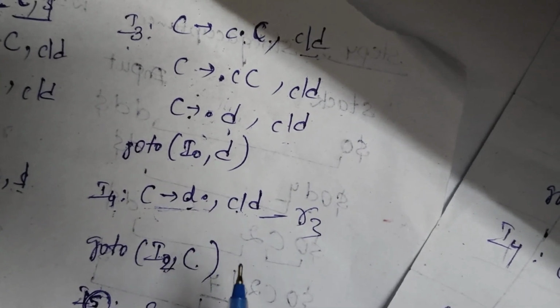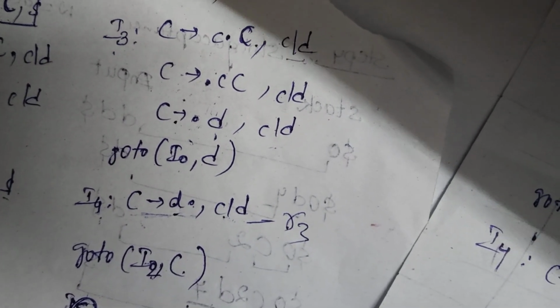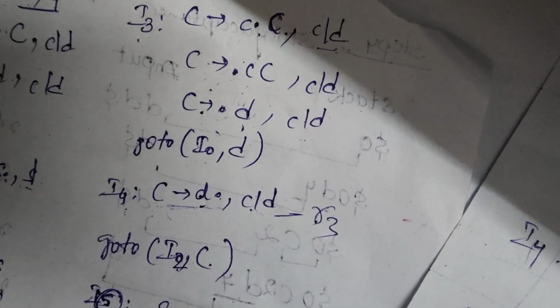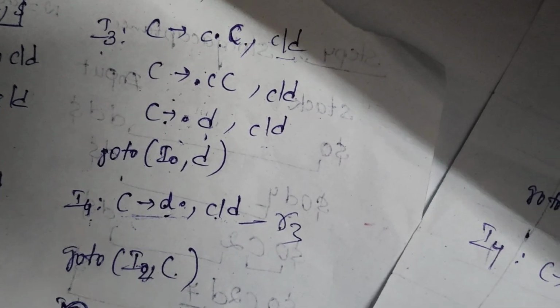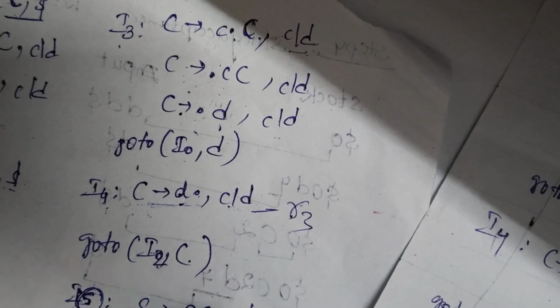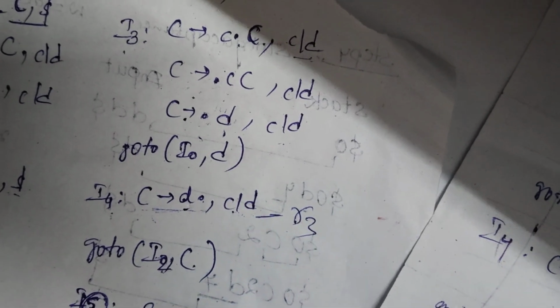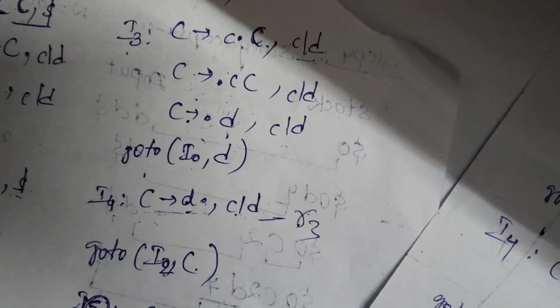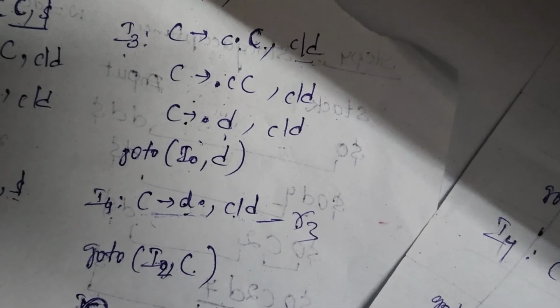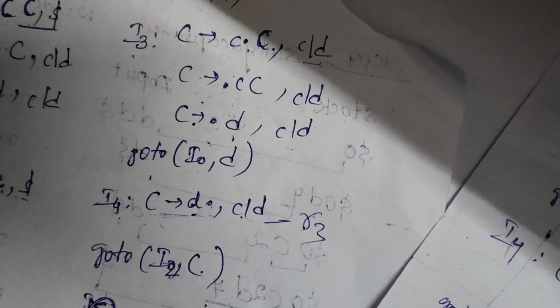So in LALR you need to combine these. In CLR you calculate up to the table now. Before the table, if you want to calculate LALR, then you need to construct the items, and after that, you need to check if there are any two items which have the same productions but different lookahead symbols.